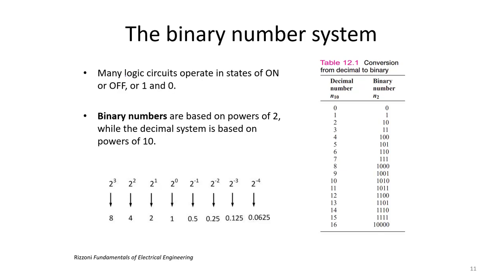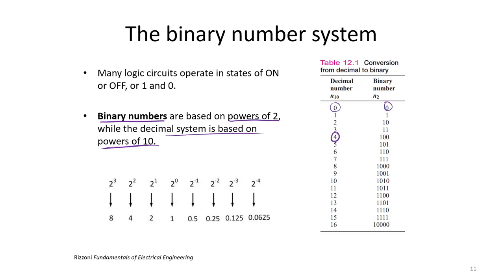So engineers have developed this system of binary numbers, which are numbers based on powers of 2. This is different than our decimal system, the numbers we're familiar with in most normal settings. Most of the time we work with decimals that are based on powers of 10.